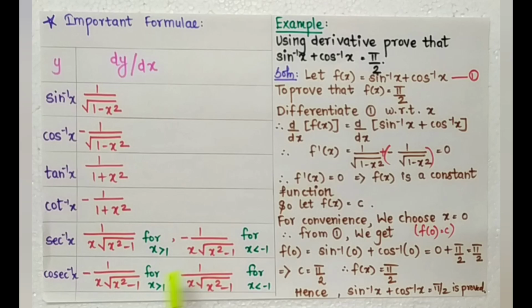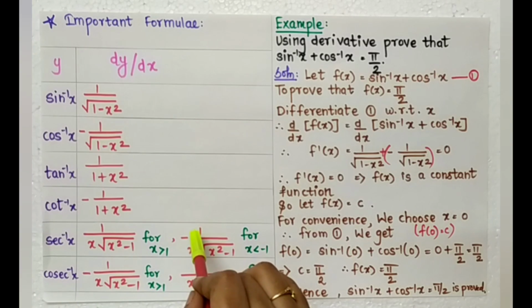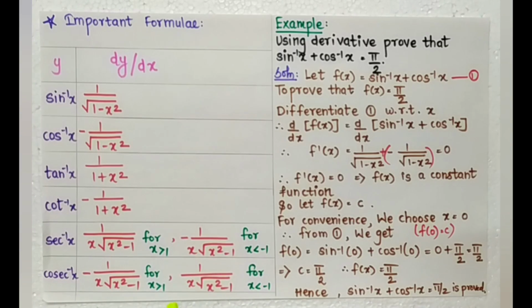See, we have two different formulae for sec inverse x and cosec inverse x. Whenever you take sec positive, take cosec negative. If you take sec negative, take cosec positive. You can choose any one combination in solving this problem. Both will give you the correct answer.